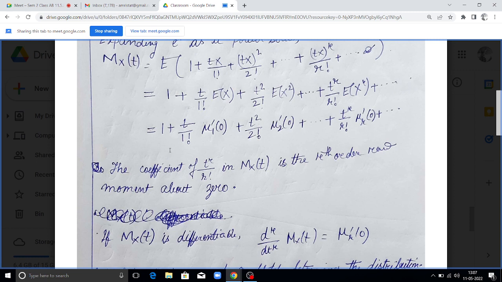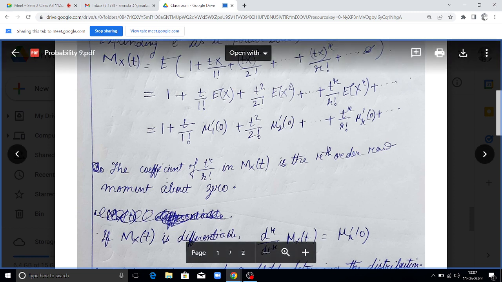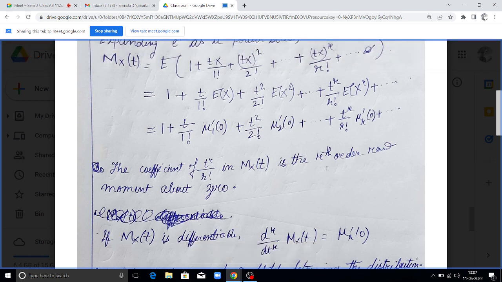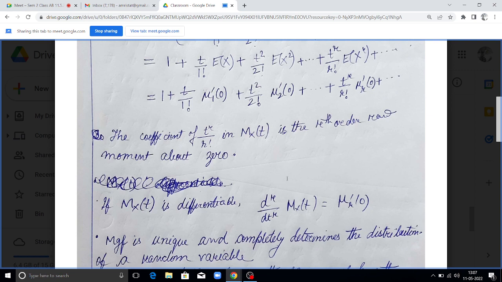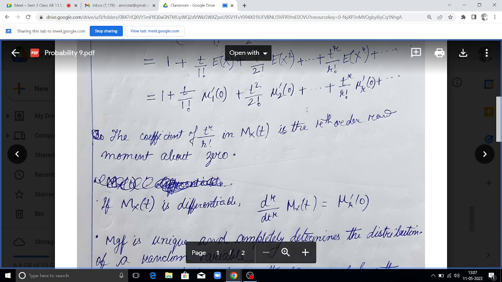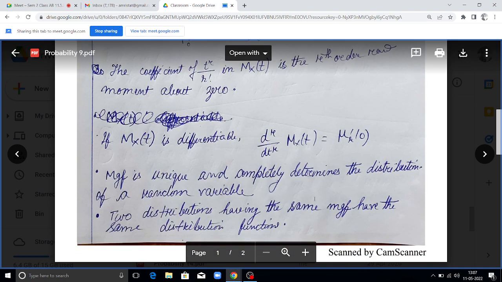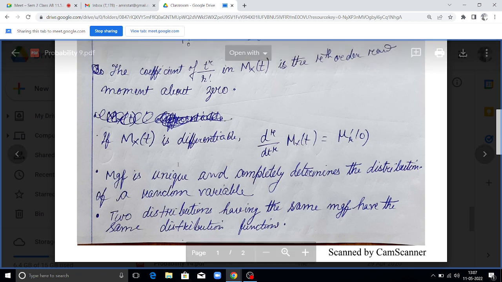If I do a second order differentiation, the second term will vanish. If I do a third order differentiation, the third term will vanish. Similarly, if I do an rth order differentiation, the rth term will vanish, and what we will be left with is t to the power r, and mu r prime. So if mxt is differentiable, then also we can find the rth order raw moment by differentiating mxt r times.